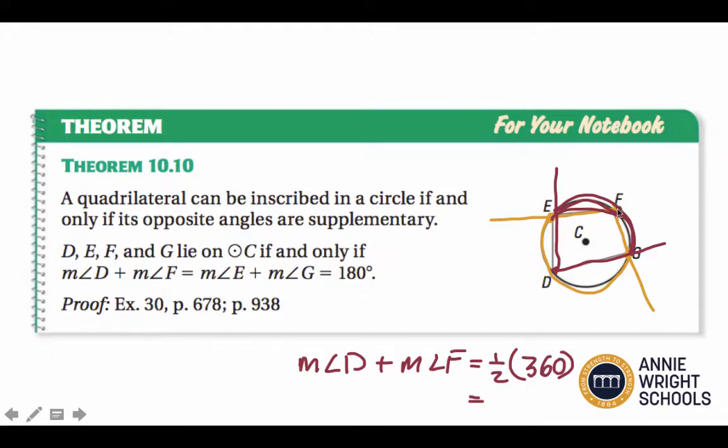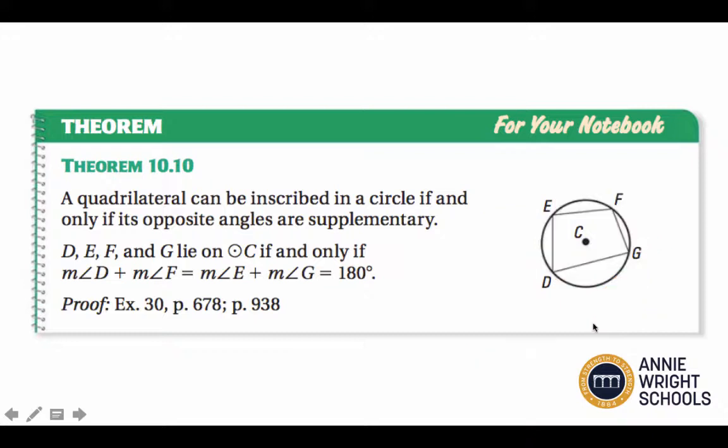So I get that the opposite angles in an inscribed quadrilateral are supplementary. I'm not saying each is 90. I'm just saying that the opposite angles are supplementary. So angle D and angle F are supplementary if that quadrilateral is inscribed in a circle.